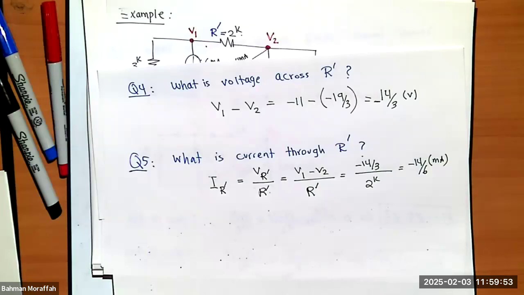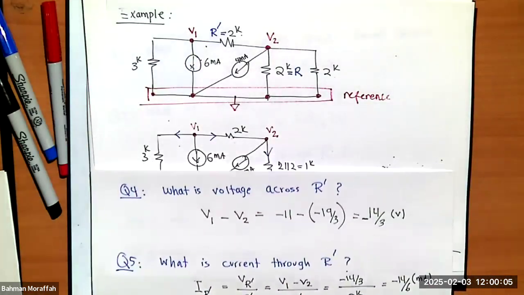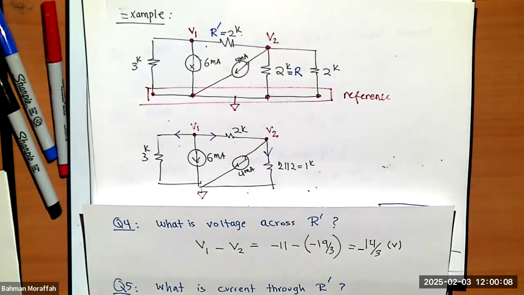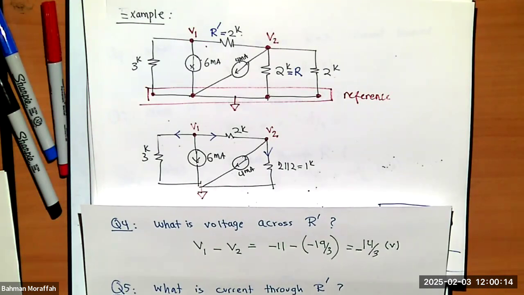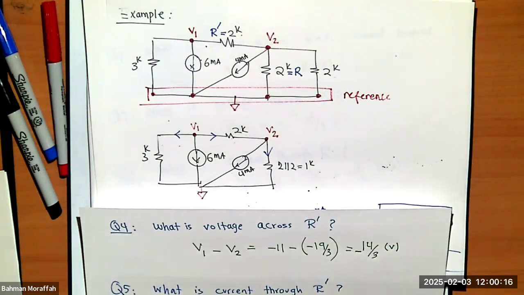Any question? Yes. A is the coefficients. Yes. There is no real meaning to it because you're simplifying the circuit, right?